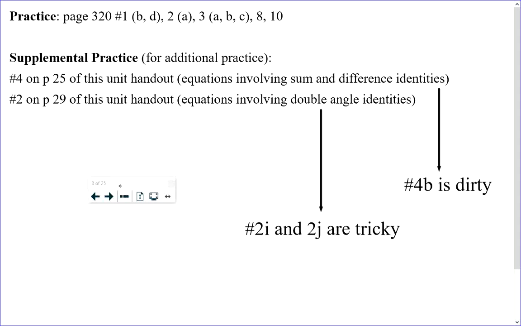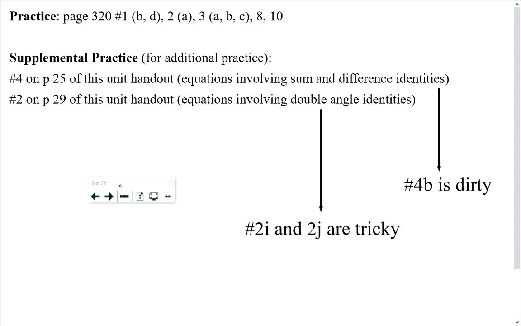On page 29, question number 2 deals with some equations where you're going to almost exclusively be using double angle identities. And 2i and 2j are really tricky, I think, anyway. I would start with the textbook. Some of the ones in the handout are a lot more complicated.